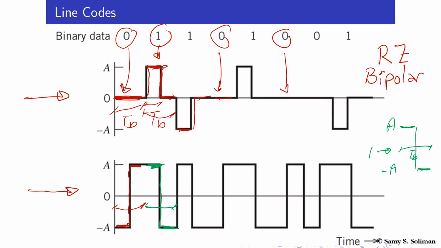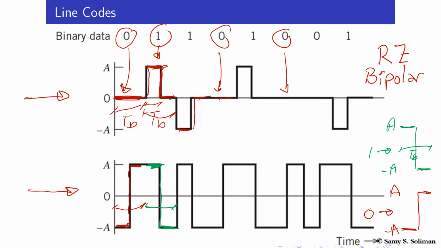And bit 0 is represented by the inverse, which is negative A volts for the first half of the bit duration, and then positive A volts for the second half of the bit duration. So this type of representation is called split phase signaling, because each bit is split into two durations which have a phase change of 180 degrees: the first half is positive and the second half is negative in case of bit 1, and vice versa in case of bit 0.